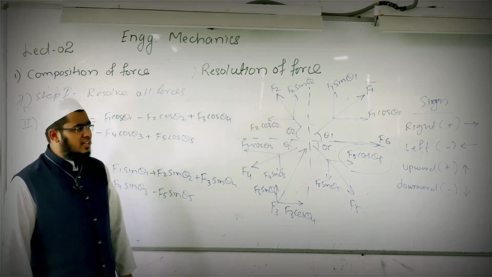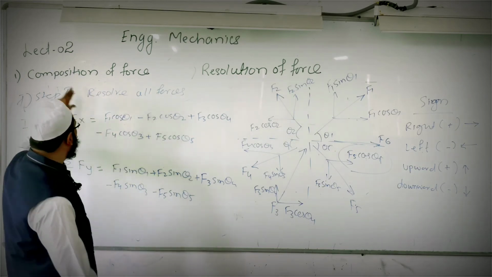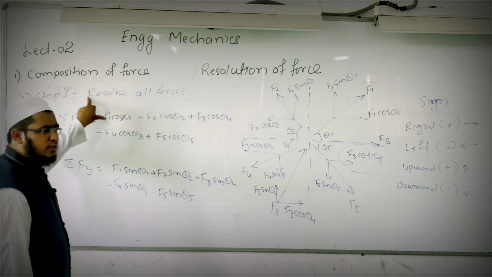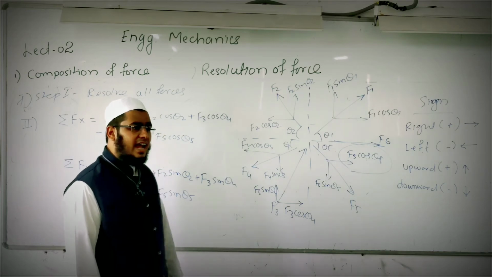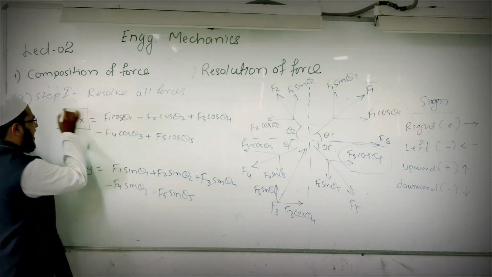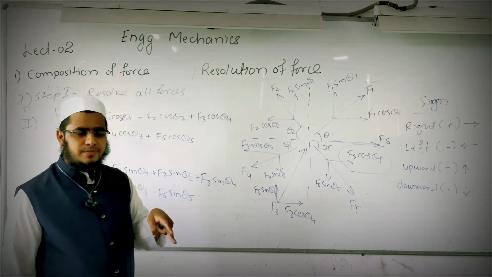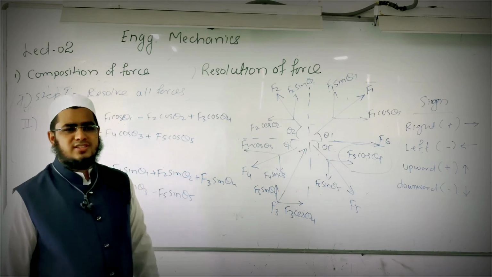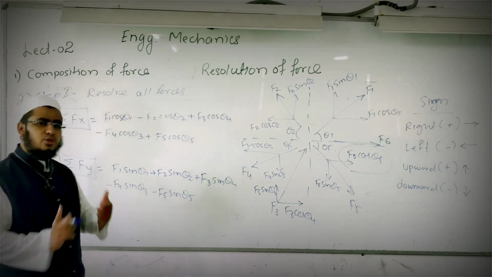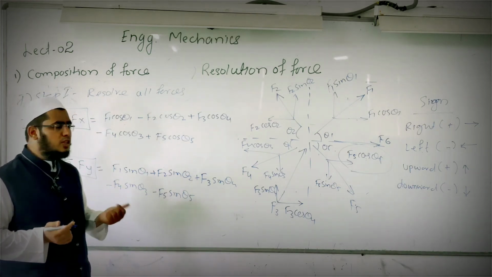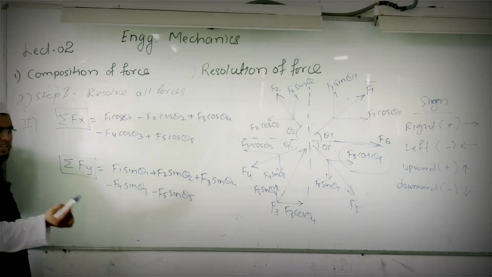It means that initially the force system has only 5 forces, after the first step of resolving all the forces, the force system converted into 10 forces, and with the help of summation Fx and summation Fy, that force system becomes a two-force system. One is summation Fx and another is summation Fy. Both are mutually perpendicular to each other, which means the angle between them is 90 degrees.